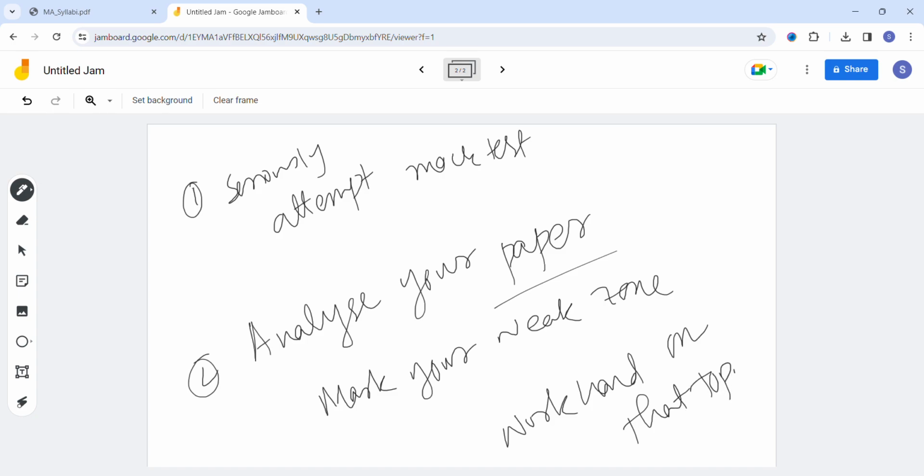Maybe you are doing well in linear algebra, but somehow you can't do well in group theory, then you should focus on that. So analyze your whole paper, mark your weak zone, and work hard on that topic, on what kind of problems you made mistakes.